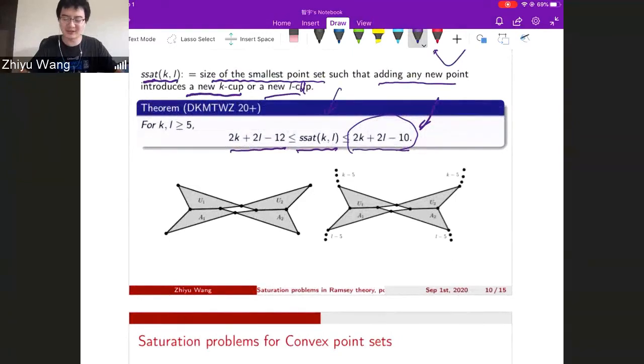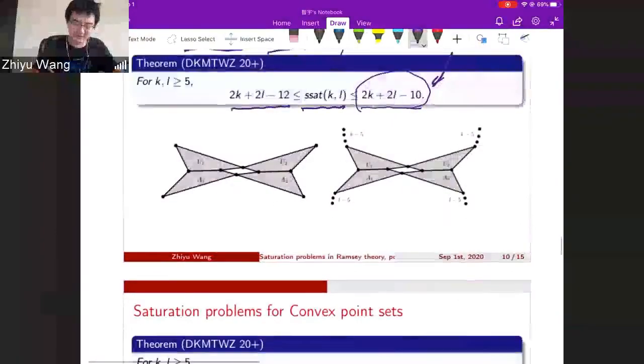In order to prove the upper bound, we need to give a construction that is k, l saturated, meaning any new point will give us a k-cup or l-cap. So we start from a small example and extend it.